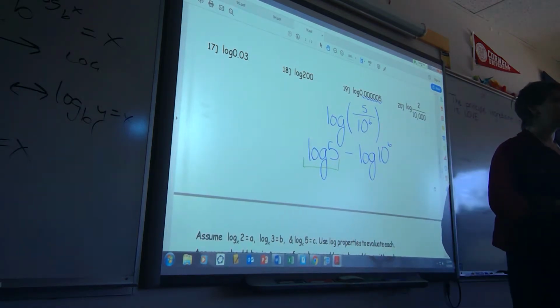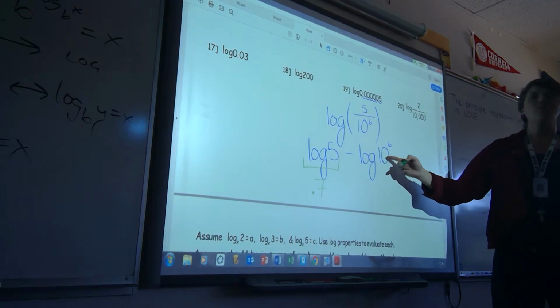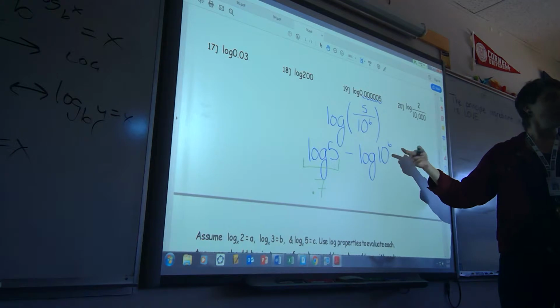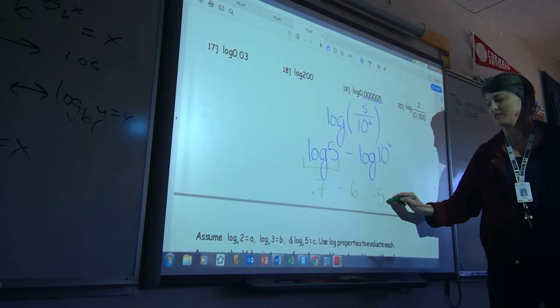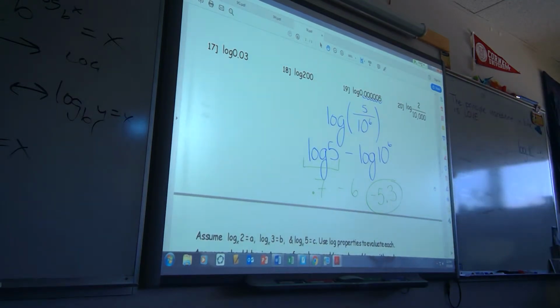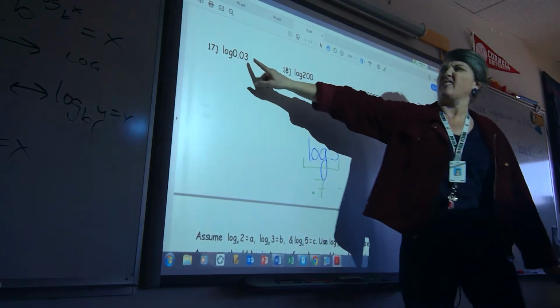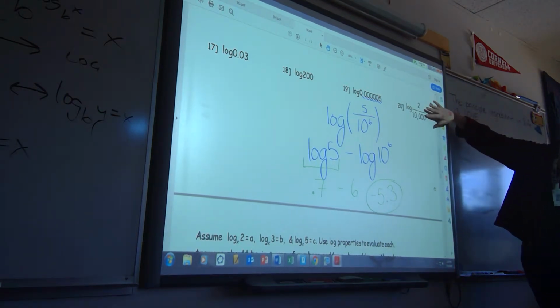What was that, like 0.7? Okay, so that's a 0.7. This one is what exponent turns a 10 into 10 to the 6th? A 6. So this is 0.7 minus 6, so this is negative 5.3. So if you see really weird decimals, write it as like 3 divided by powers of 10. This one's sort of already like that.